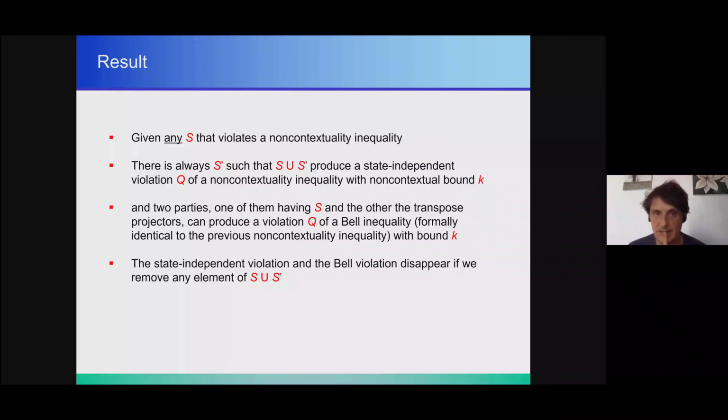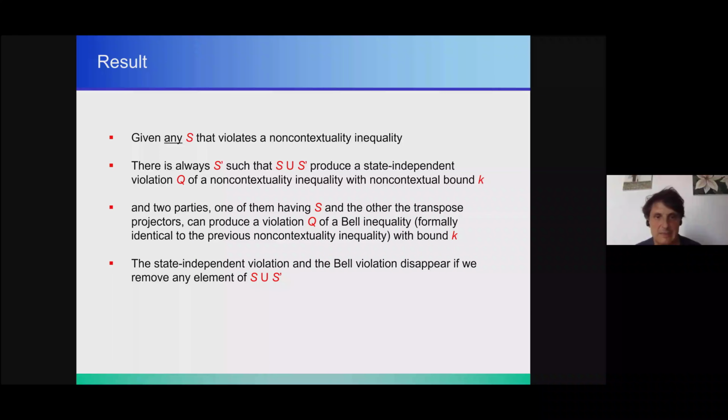Given any set S of measurements that violates a non-contextuality inequality, this set can be enlarged by adding extra measurements S' to produce a state-independent violation Q of a non-contextuality inequality with non-contextual bound K. And two parties, one of them having S union S', and the other having the transpose of that, can produce a violation Q of a Bell inequality which is formally identical to the previous non-contextuality inequality.